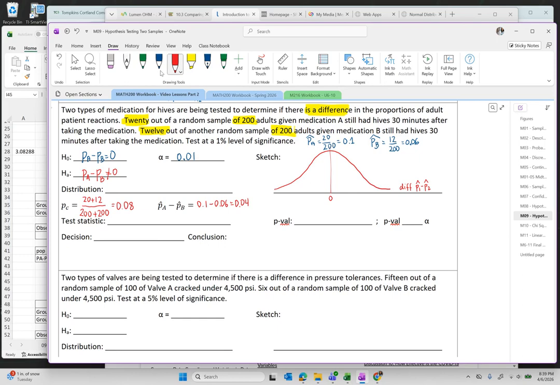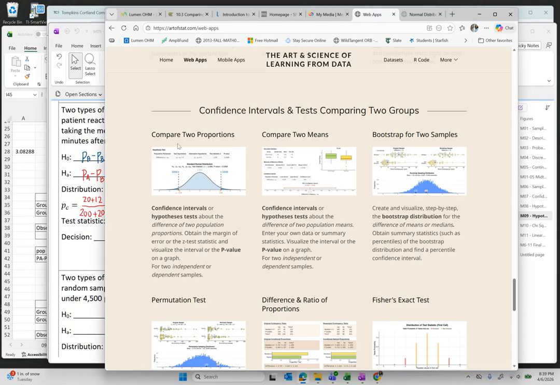Anyways, let's use ArtofStat, and let's use some technology to quickly conduct this hypothesis test. I'm going to go in the web apps, and I'm going to compare two proportions. I'm going to use this app under the block of confidence intervals and tests, comparing two groups.